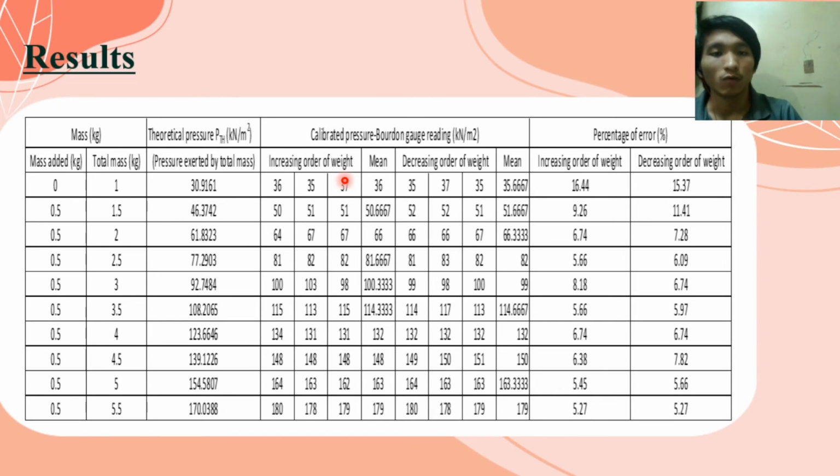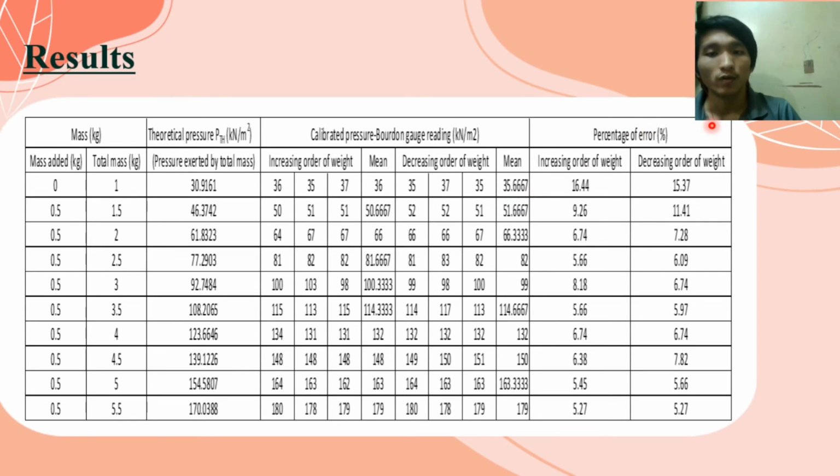so we can calculate the mean for the data. For example, for increasing order of weight, we have three data, which are 36, 35, and 37. So the mean is 36. Same as the decreasing order of weight, where we have 35, 37, and 35. So the mean for this data is 35.6667.